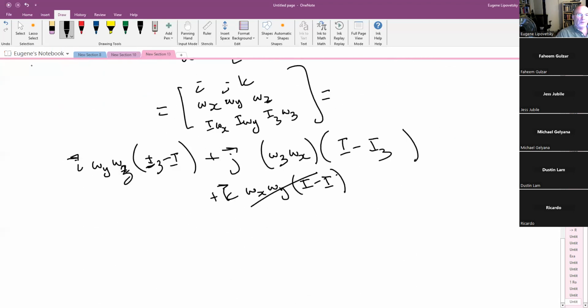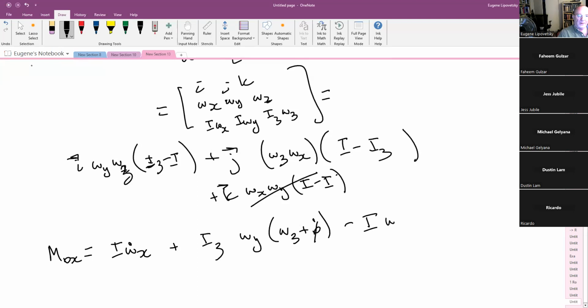So going back to this one, the MOX equals to I omega x dot plus Iz omega y times omega z plus phi dot, minus I omega y omega z.